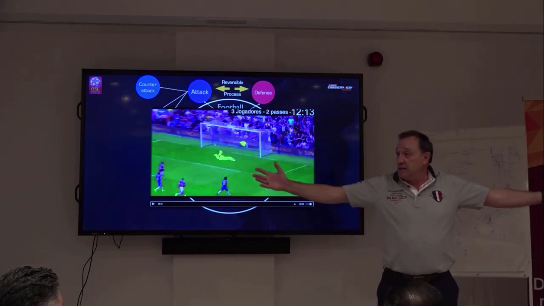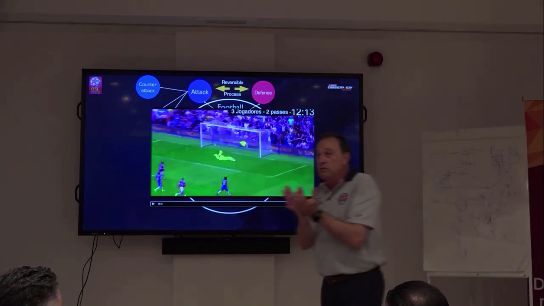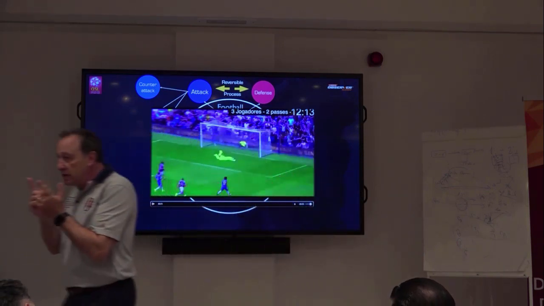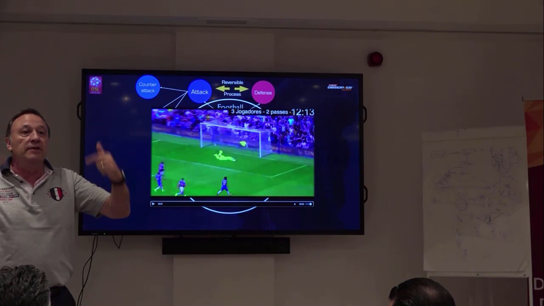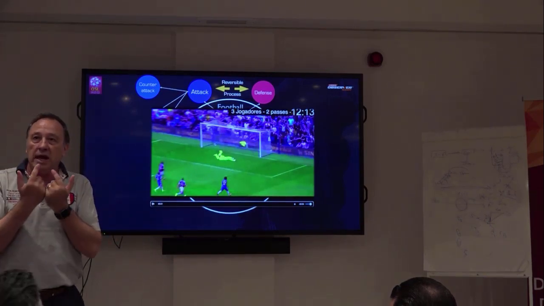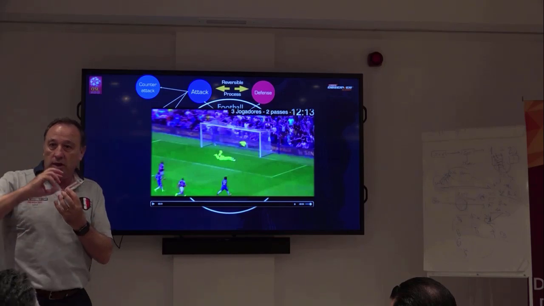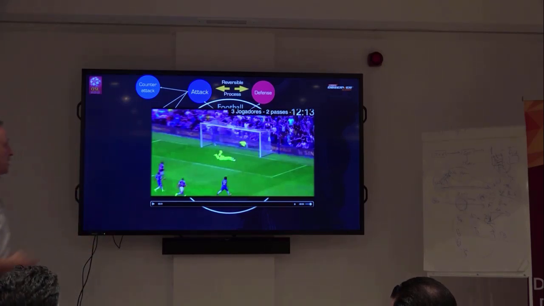The other 2 guys are too far away, so they are not organized. So when I look at a counter-attack, I always look at the defensive organization of the other team. Because we always have to look at our team and at the other team, whether it is organized in the offensive or the defensive situation.